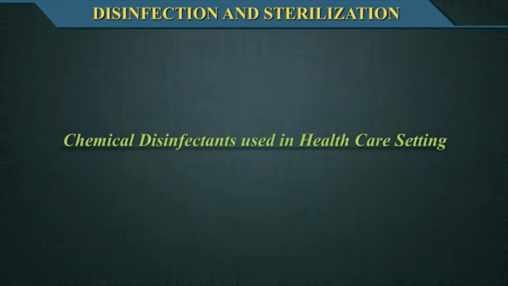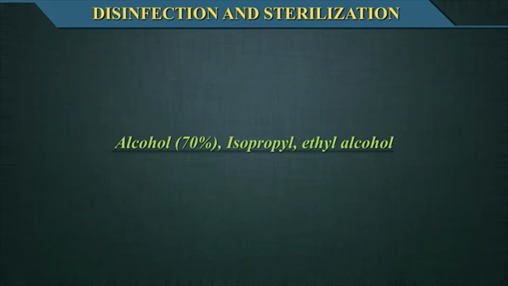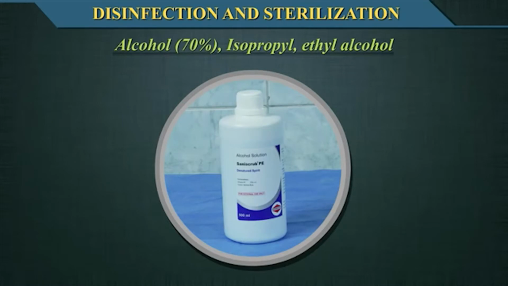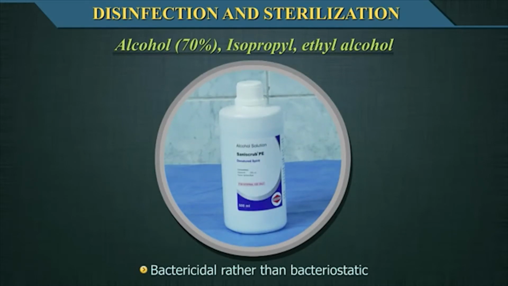There are various chemical disinfectants used in healthcare setting. Alcohol, 70%, isopropyl, ethyl alcohol. These alcohols are rapidly bactericidal rather than bacteriostatic against vegetative forms of bacteria.